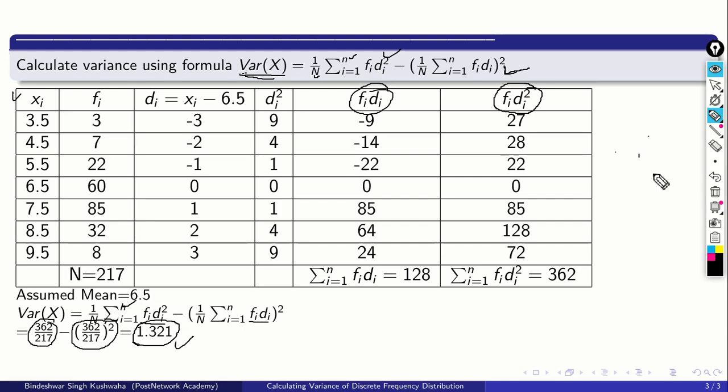So you can understand the importance of variance, and keep practicing numericals related to variance.